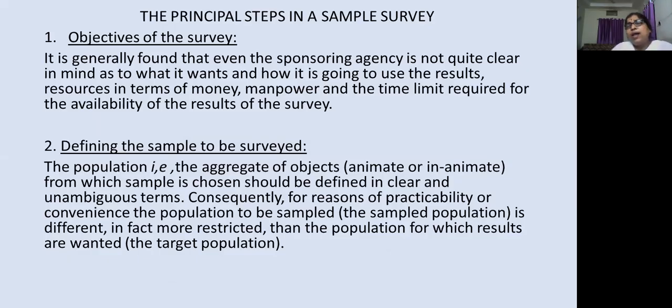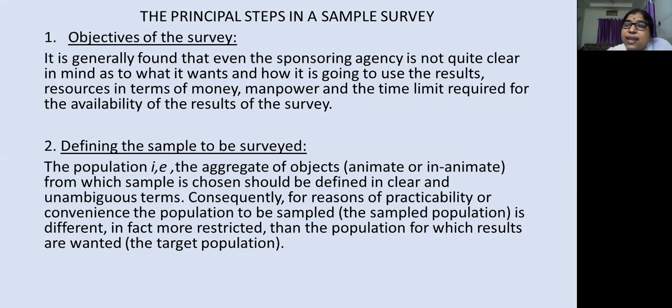Now, the biggest task is that we have a population, but we are not studying the population because of various constraints about money. We would have to spend lots of money to study each individual of the population. Sometimes the population could be unlimited or infinite.